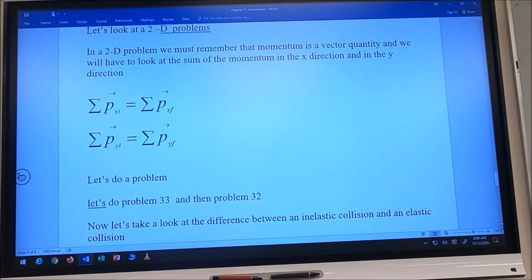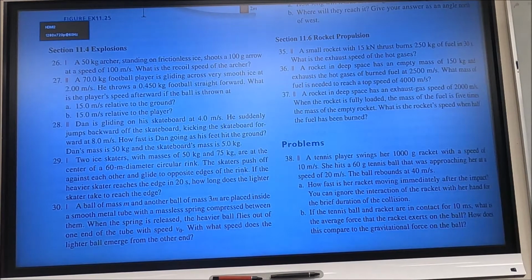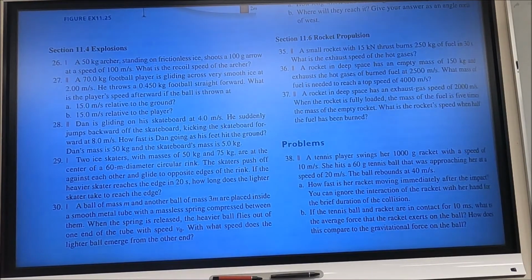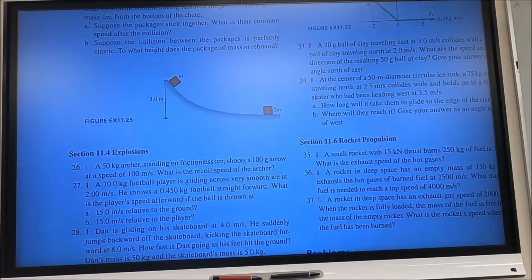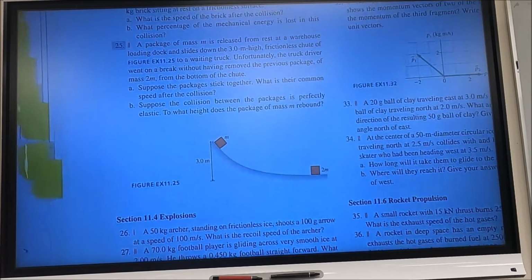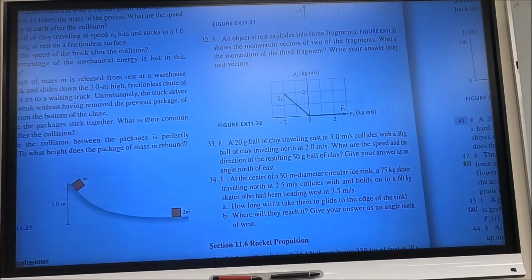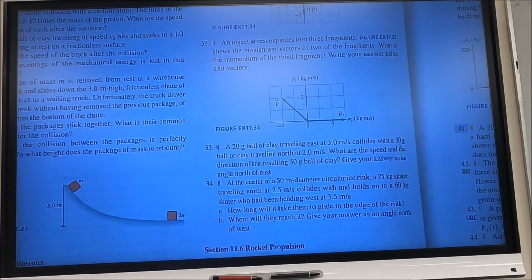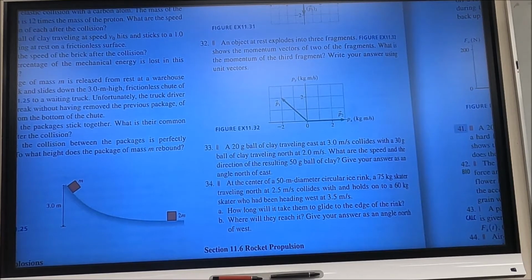So let's get back to the problems. Okay, we're going to look at 33 first, and then we're going to look at 32.